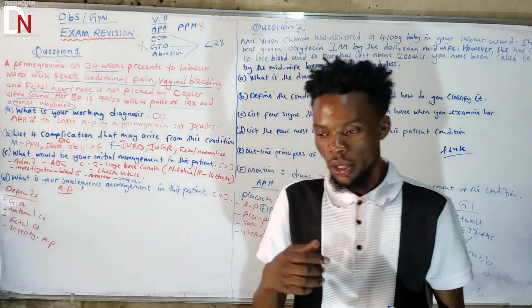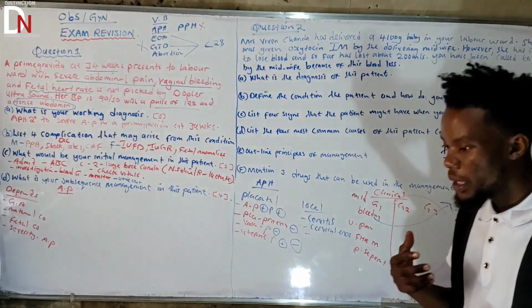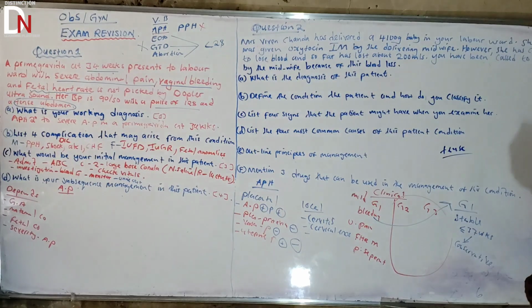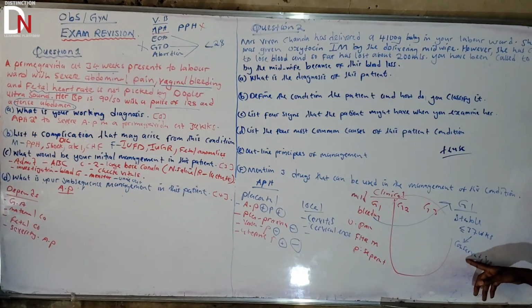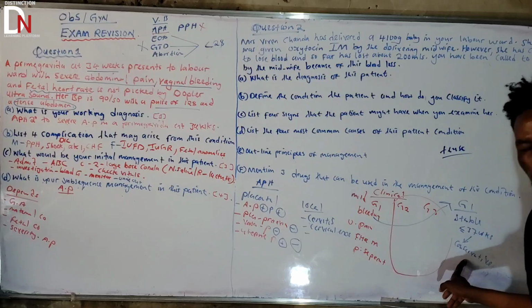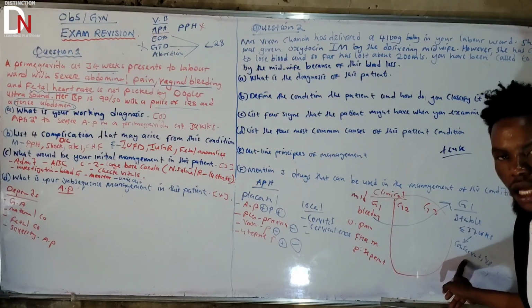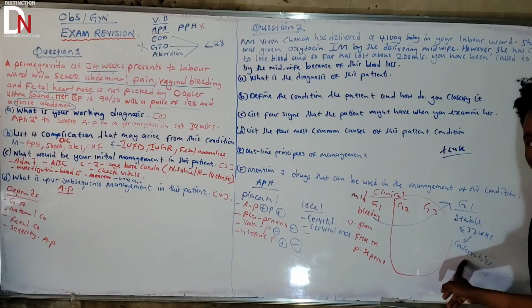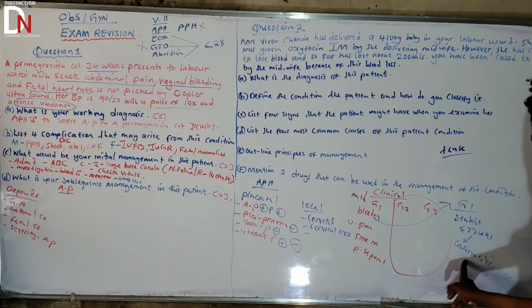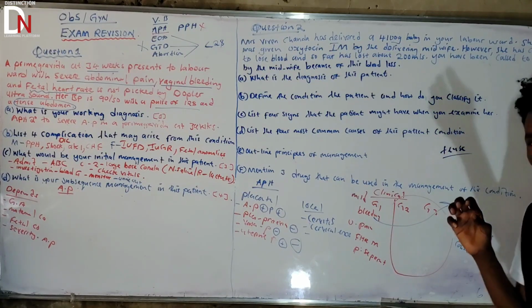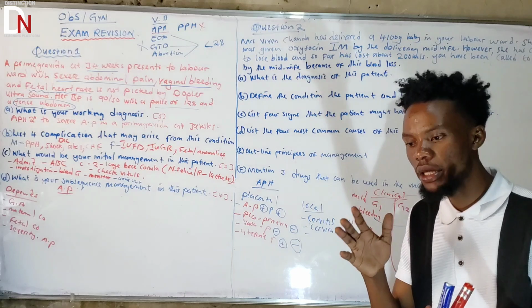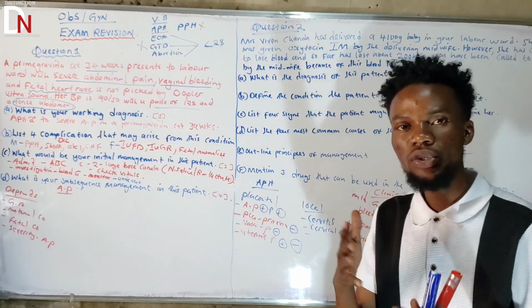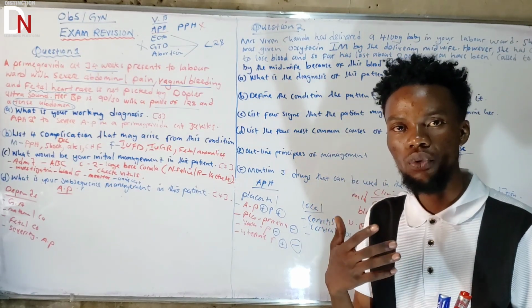Now, under conservative management, the very important thing you need to do is encourage bed rest for the patient, as well as give betamethasone. Why give betamethasone? It is a corticosteroid, it influences the maturity of the lungs of the fetus.